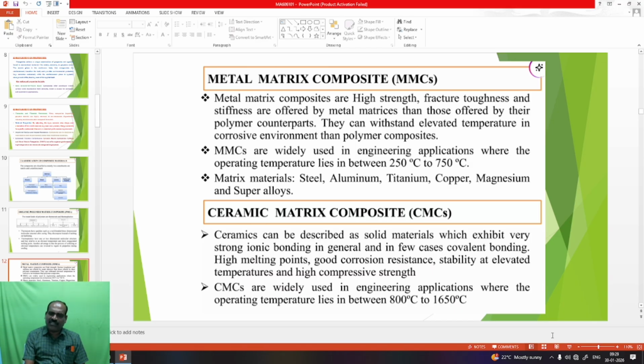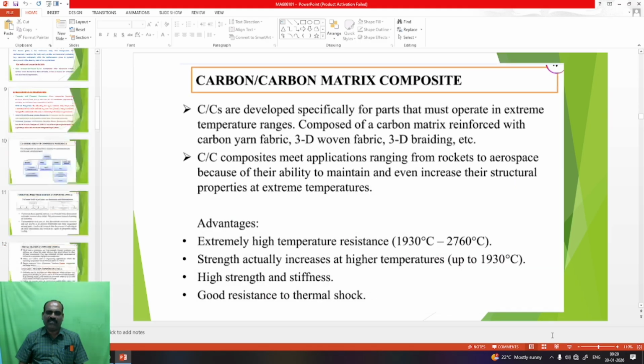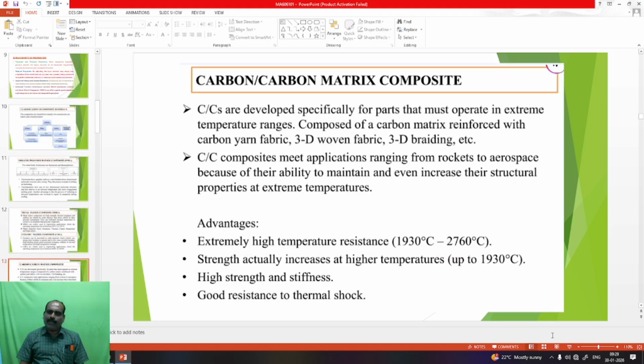These ceramic composites are applied where the operating temperature lies between 800 degrees C to 1650 degrees C. Carbon and carbon matrix composites are developed specifically for parts that must operate in an extreme temperature range, composed of carbon matrix reinforced with carbon yarn fabric, 3D woven fabric, and 3D braiding, etc.